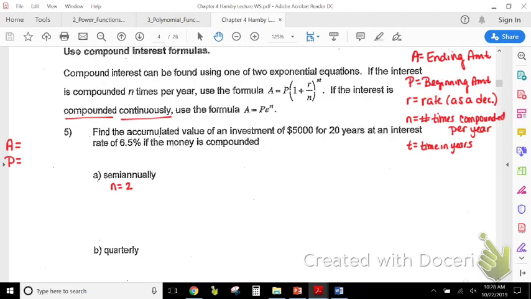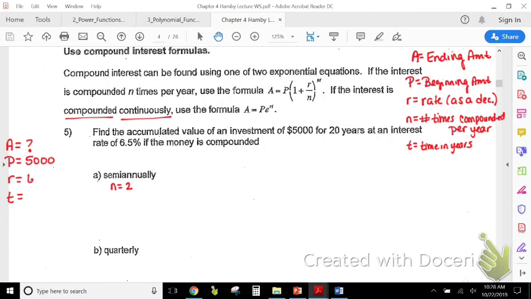So let's put what all of our information is. The accumulated value is that ending value, so that's what we're after. What is the beginning amount? 5,000. What is the rate as a decimal? 0.065.